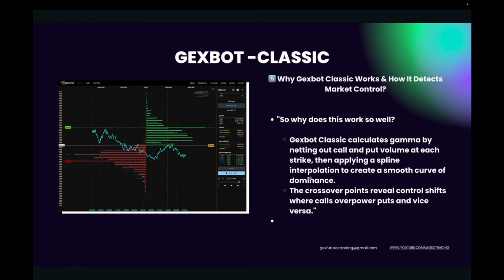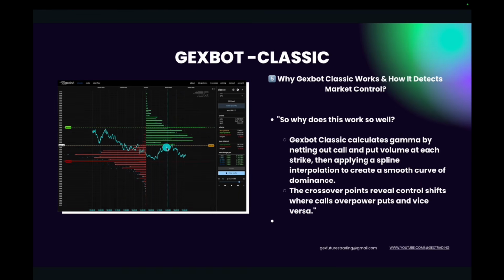Okay. And now, why Classic works, and how Classic detects the market control. So why does it work so well? In a simple way, what Gexbot Classic does is calculate gamma by netting out calls and put volume at each strike, and they apply what is called a spline interpolation.